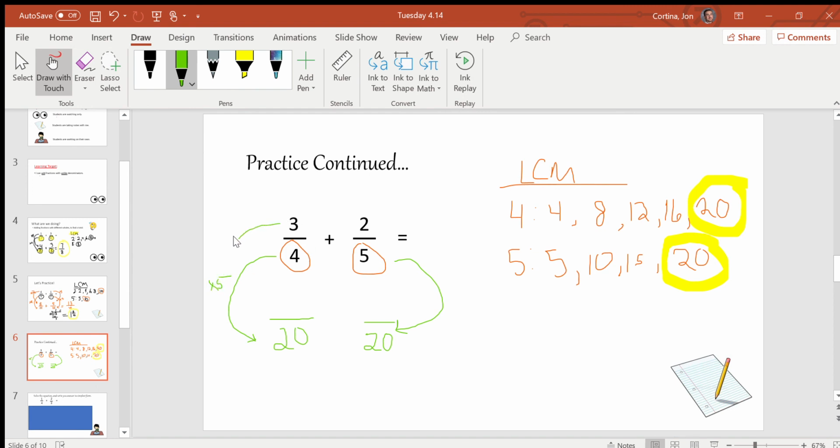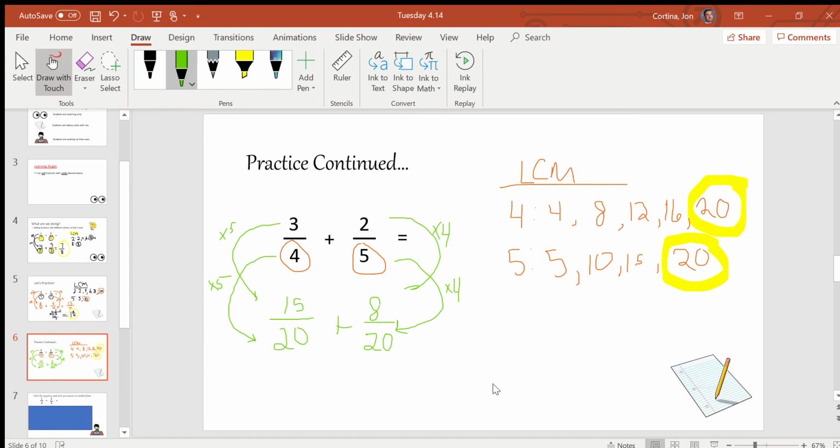So we're going to do the same to the numerator. 3 times 5 gives us 15. And then from 5 to 20 we multiplied by 4. So we're going to do the same to the top number. 2 times 4 is 8.